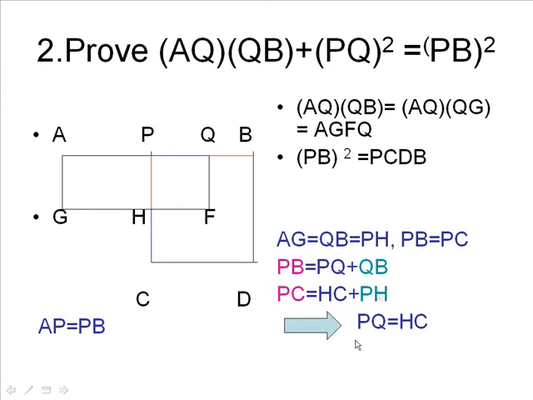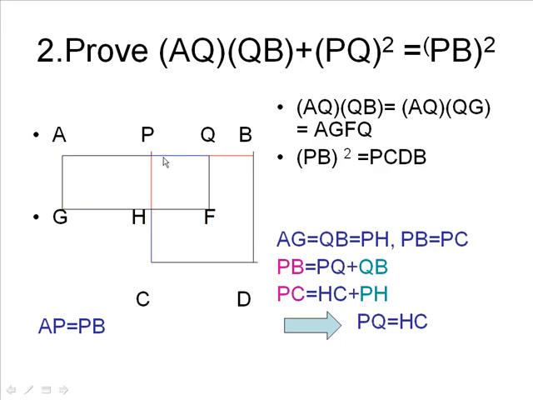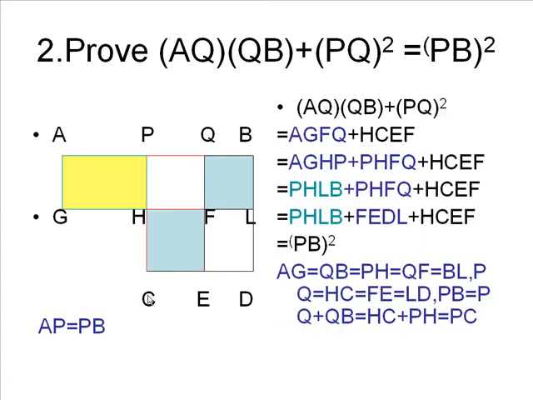And we're going to use this fact to construct PQ squared. We extend HF to intersect BD, and we extend QF to intersect CD, and that's the graph. And we're going to show HCEF is a square, which is also equal to PQ squared. From the last slide, we proved PQ equals HC.